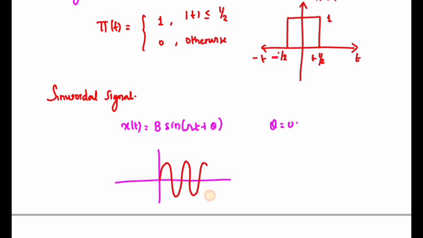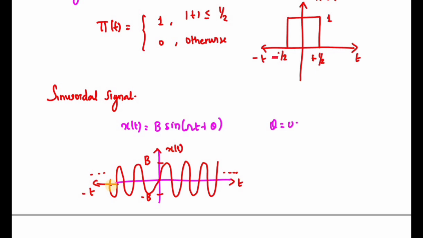Since it is a sine signal, it will look like this. From this I can identify the period, and the magnitude is from minus b to b. In the left hand side it will look like this, and it goes on. So this is how the signal looks like.